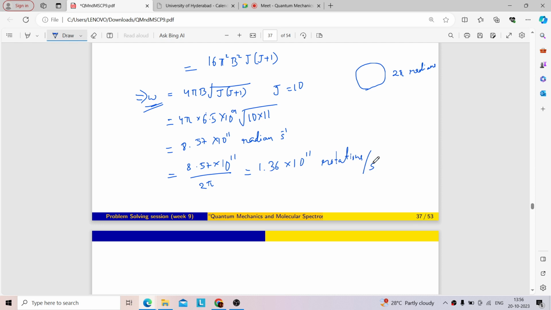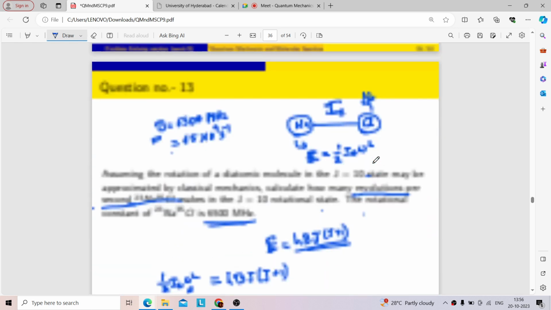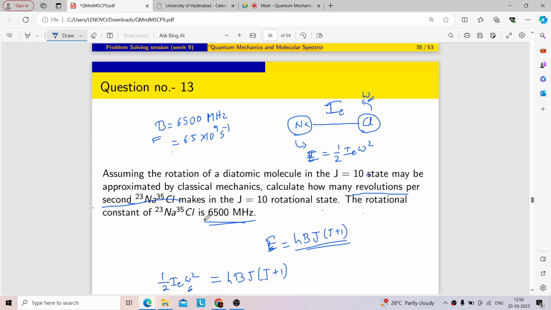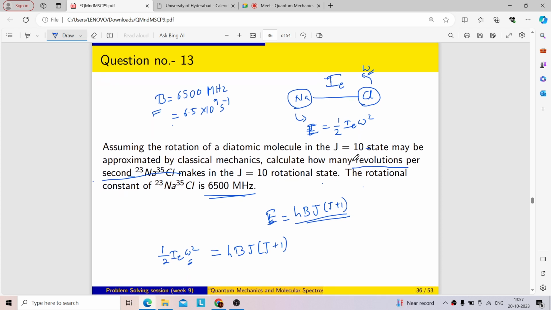So in the question, B was given, and we need to calculate the number of revolutions per second. For that we need to calculate omega first. As we have assumed this system to be classical, energy can take the form half I omega square, and from rotational spectroscopy we can have energy of the form hB J times J plus 1.